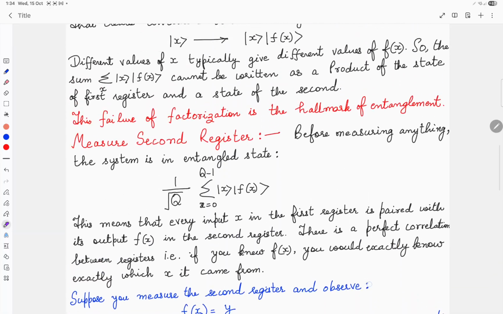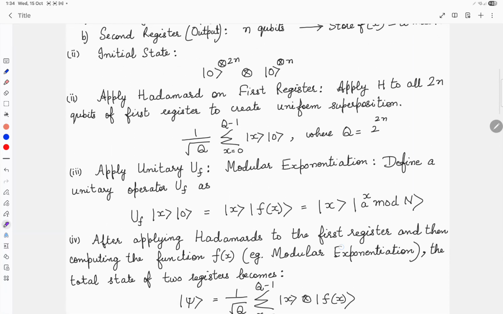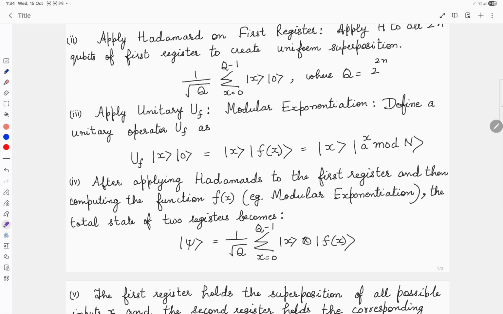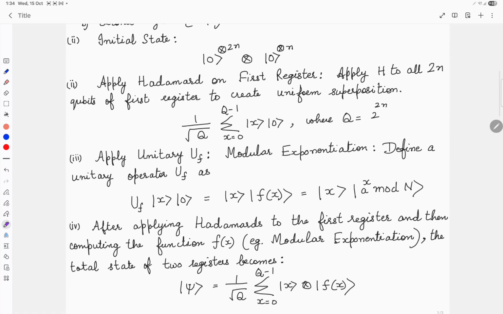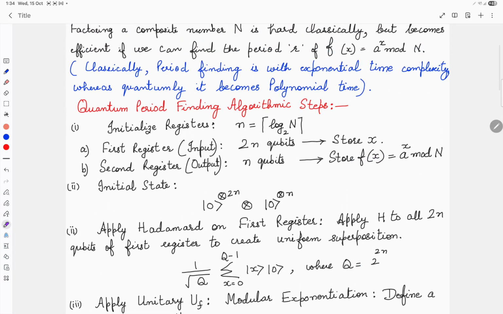Now once again, the algorithm says that first of all we put all possible x values in superposition, so the register contains all inputs at once. Then we evaluate f(x) on that superposition, and pairs like x and x plus r are entangled to the same output.